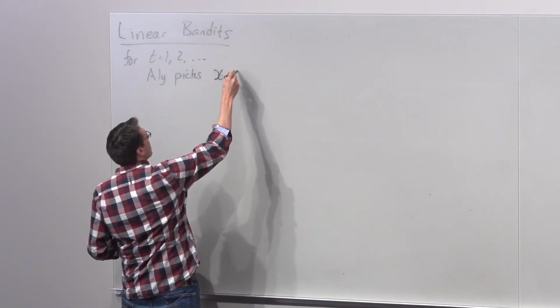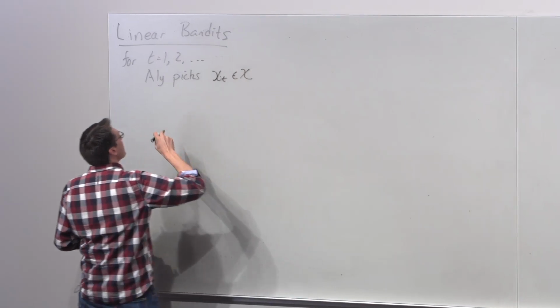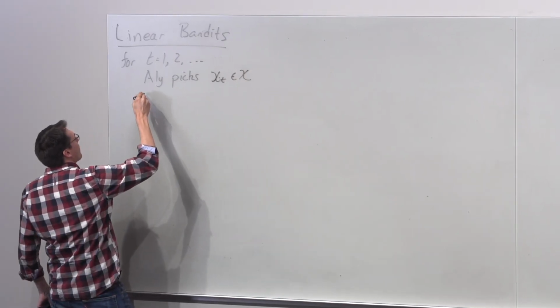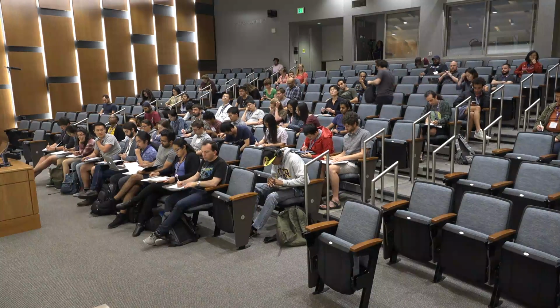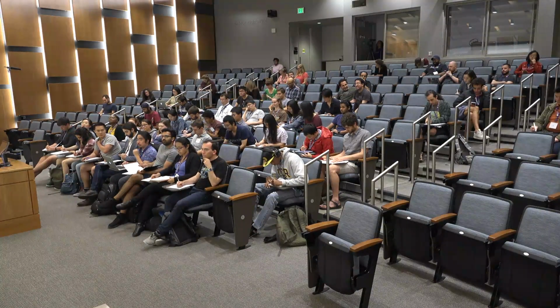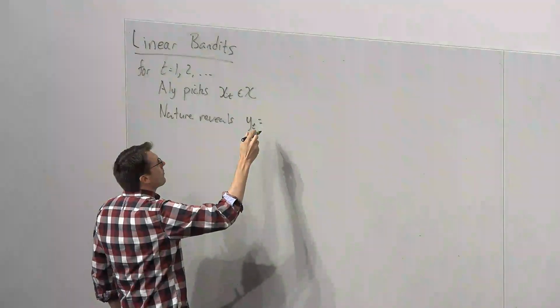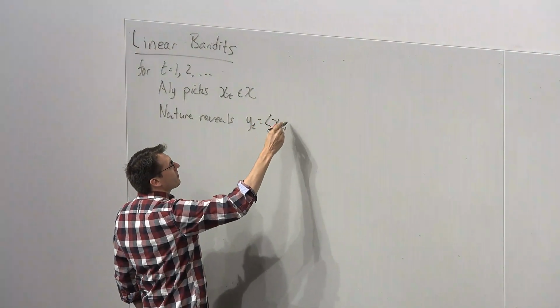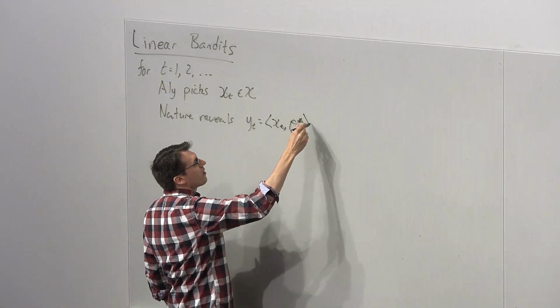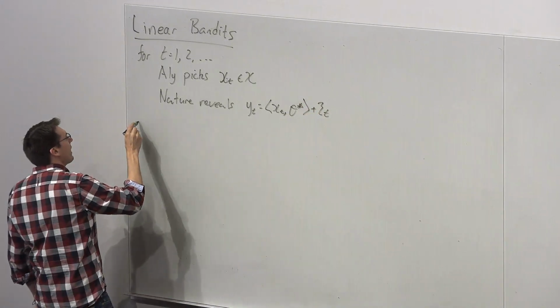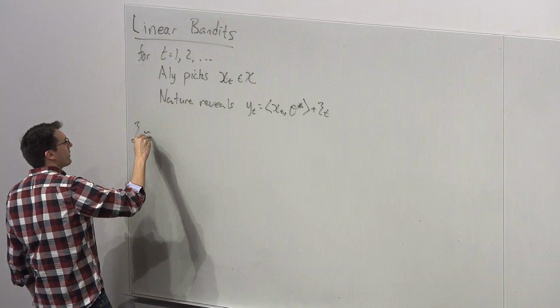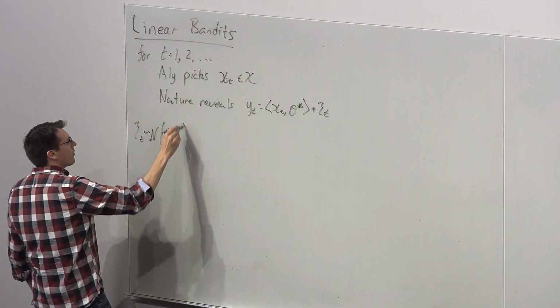Xt in X, and then nature reveals yt equal to xt transpose theta star plus eta t, where eta t we're going to assume is normal 0, 1.